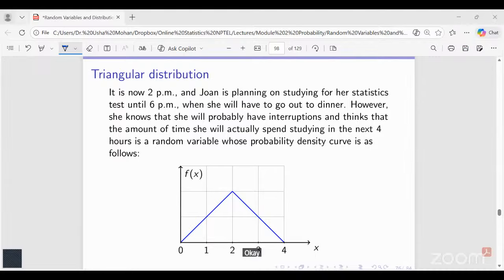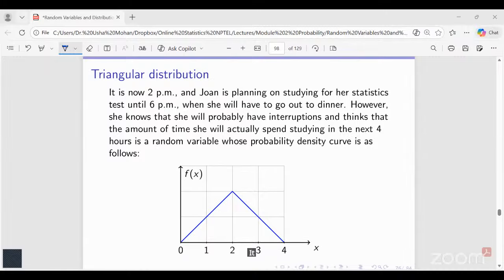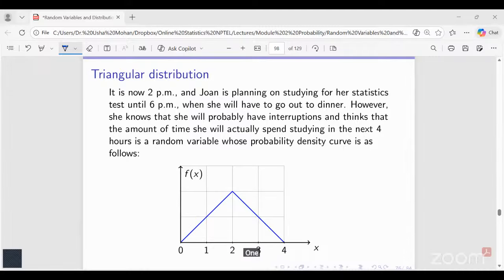So what is the height of this curve? What is the area of this curve? If it is a PDF, the area should be 1.